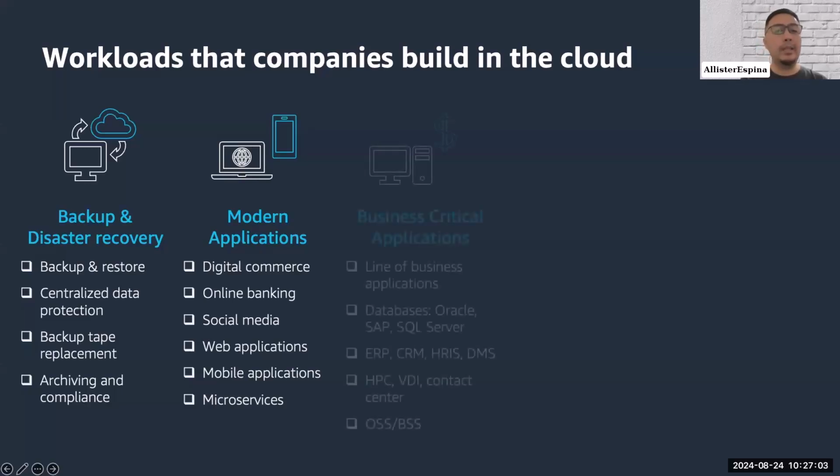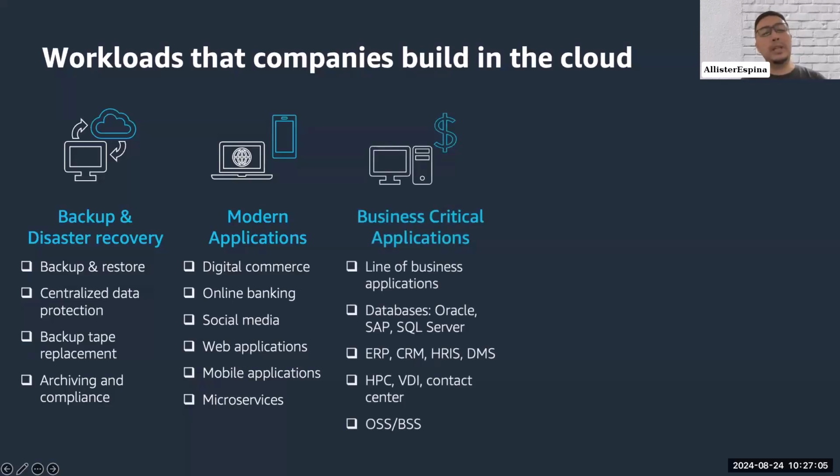And then there are also business critical applications. It doesn't mean that a mission critical application has to stay on premises. Some mission critical workloads can also be moved to the cloud, for example, line of business applications. If you're a manufacturer, your line of business applications would involve ERP, enterprise resource planning, or supply chain management, or manufacturing systems.